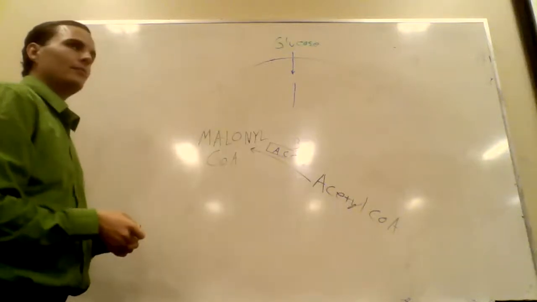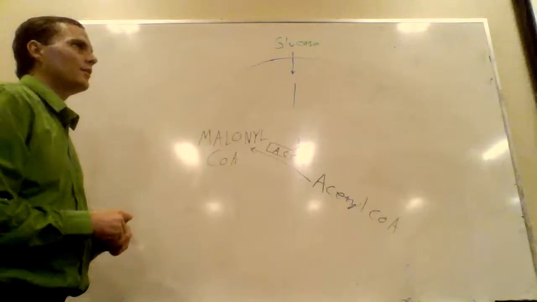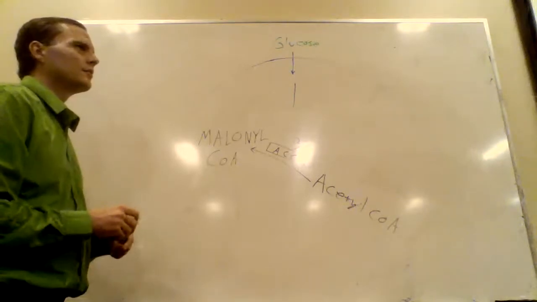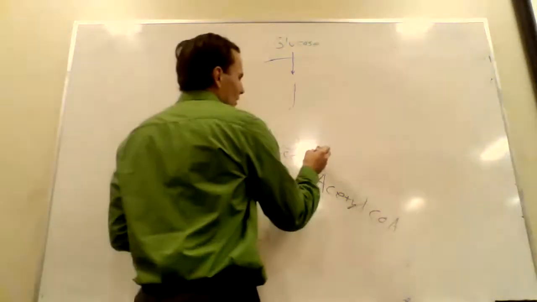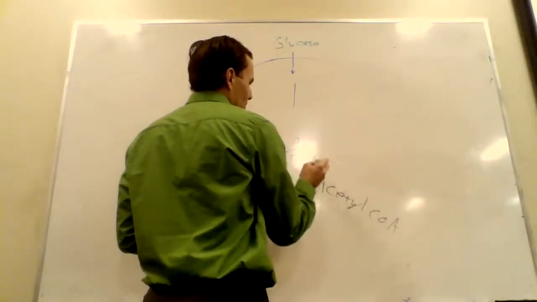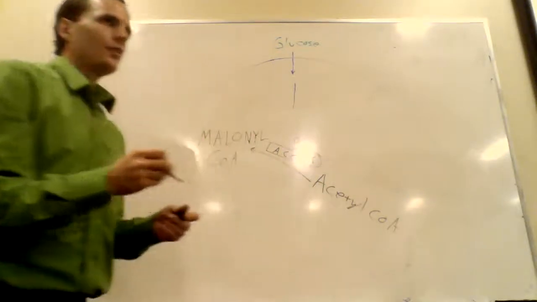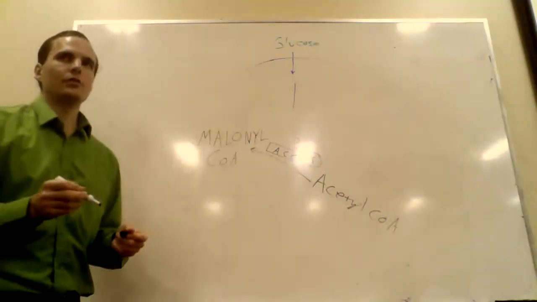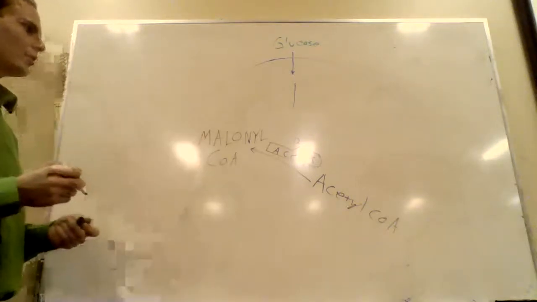You also need energy to carboxylate. I do, however, know that this little asterisk here is the step of no return. This is the committed step. Right here. Yeah, acetyl-CoA carboxylase.